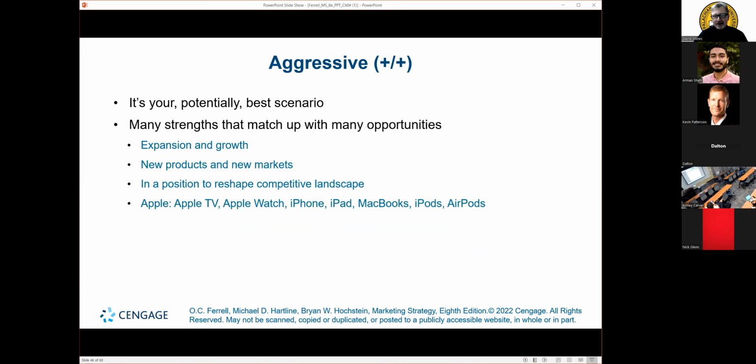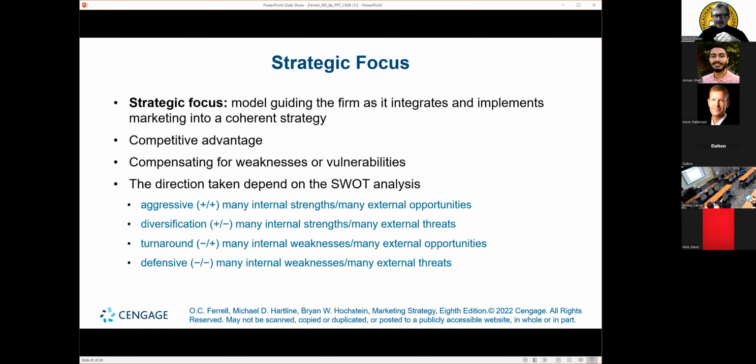You match your strengths with your opportunity and you pursue expansion and growth. You look for new products in new markets and you, in essence, reshape the landscape. Surprise, surprise. This is where Apple lives. Apple is always aggressive. And they're the ones who come out with many of these things, all right? Aggressive, many strengths, many opportunities.